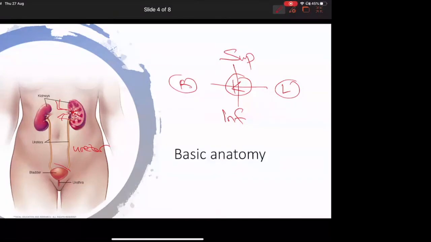It doesn't filter things from the food tract, which is the gastrointestinal tract. It actually filters all your metabolites and all the electrolytes from the blood itself. The blood goes through here at 3,600 mils per minute. That's how much blood goes through.